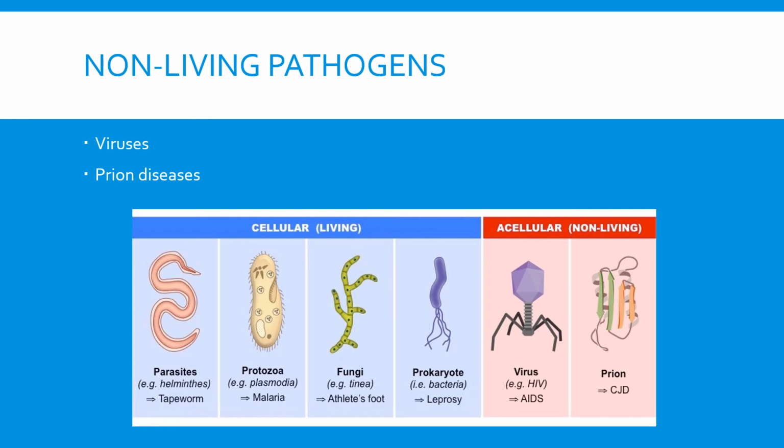What makes it really bad is that we don't have any way to kill it. And so if we operate on a patient that we know has CJD on their brain specifically, because it has an affinity for brain tissue, then we're going to need to discard all of the instrumentation that we have used.